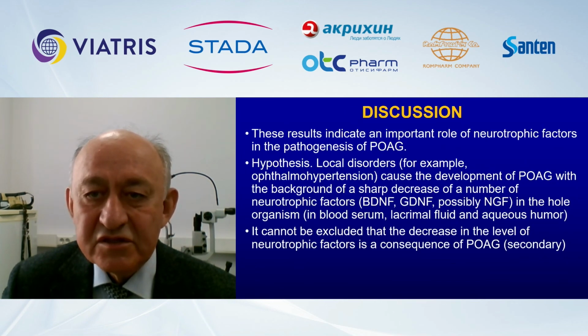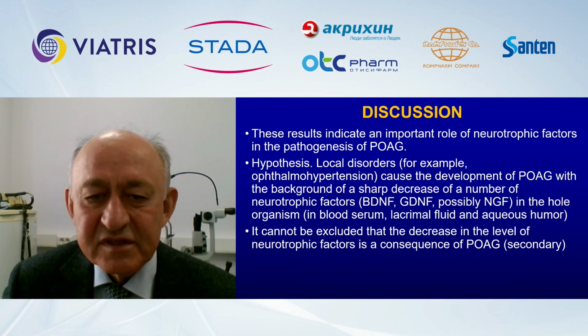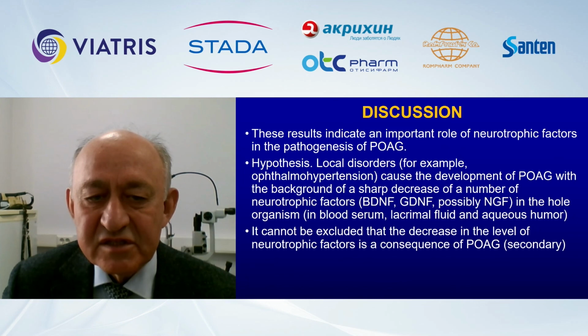So these results clearly indicate the important role of the neurotrophic factors in the pathogenesis of POAG. Here are two options, and one of them I will provide as a hypothesis. We all know that the pathogenesis of glaucoma is mainly related to local disorders, for example, ocular hypertension, and also a decreased amount of neurotrophic factors like BDNF in the whole organism.